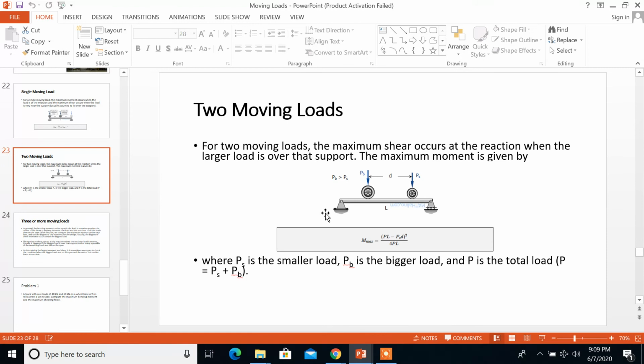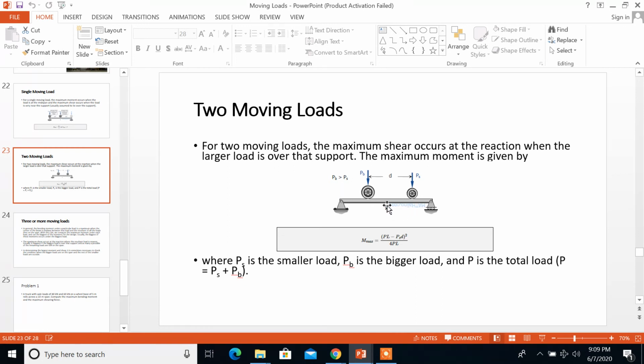Then next, for two moving loads, the maximum shear occurs at the reaction when the larger load is over the support. So, it means daw, yung gulong or yung axle ng ating malaking load, ilalagay natin siya sa support.